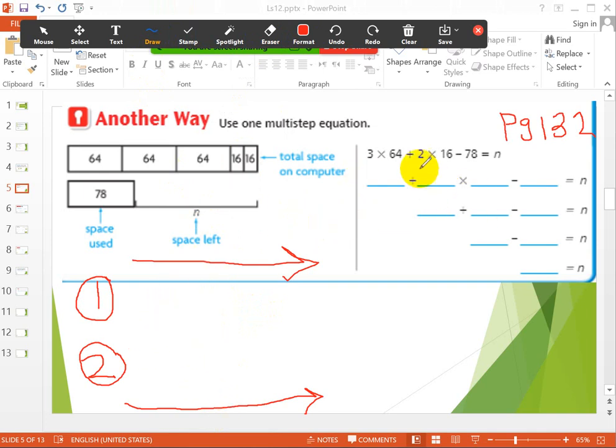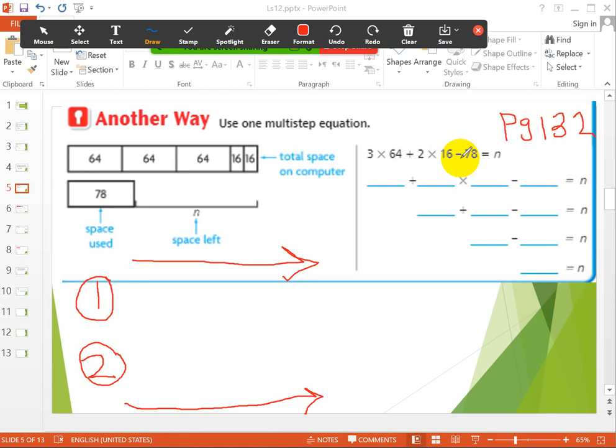So look, I have here an expression, and in this expression I have multiplication, addition, also multiplication, and also subtraction. In which operation do I have to start here?